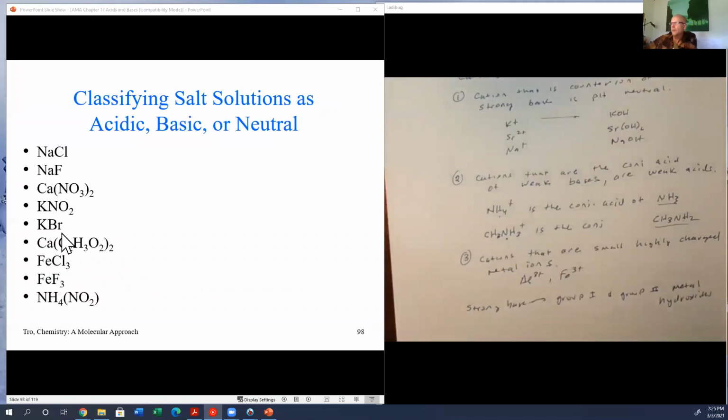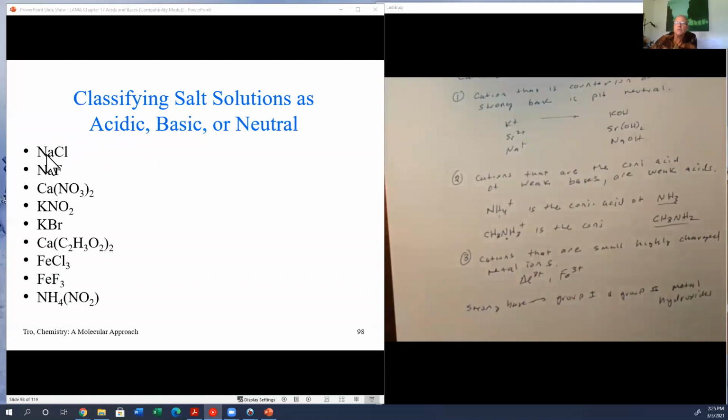Okay, so let's go through this whole list. Now these are compounds, and we want to decide for each compound, is it acidic or basic? When you have a compound, you have to look at both ions, because all of these ionic compounds, when they go into water, dissociate into their ions. So let's start with sodium chloride. What can we say about Na+?